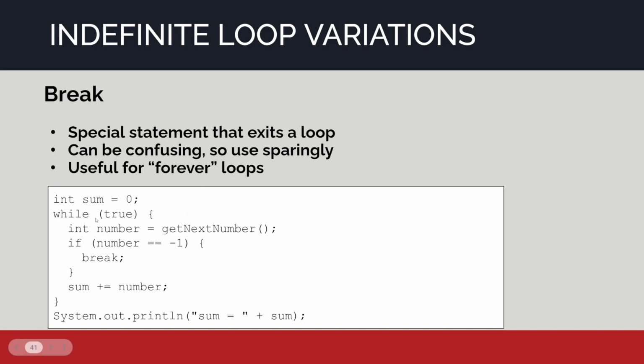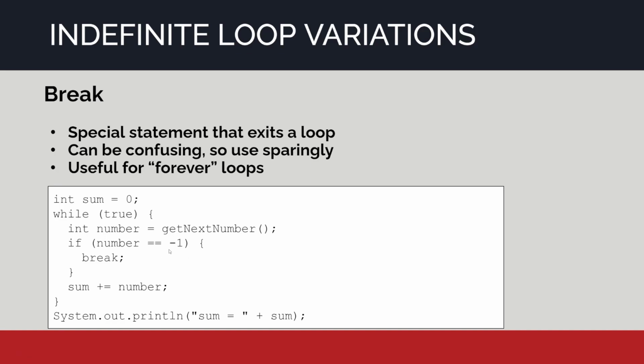So this is perfectly valid code where you say while true, and that may seem insane because true is never going to be false, right? So this test would never fail. Well, that's actually true, that this is never going to fail, but there is a break statement here. And assuming that our get next number is going to eventually reach -1, which is our sentinel value.